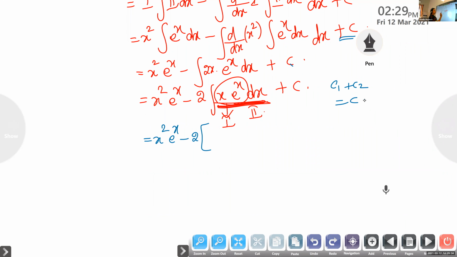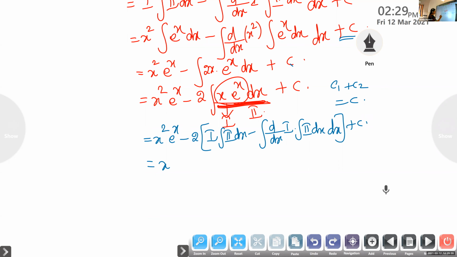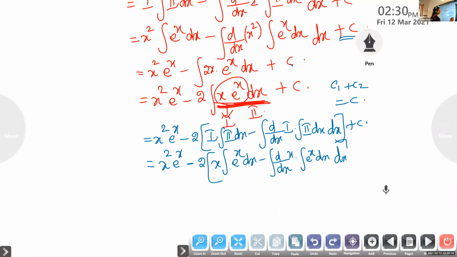Now again use this rule. First function, integral of second function, minus integral of derivative of first function, integral of second function into dx plus c. So it is x square e raised to x minus 2 into, what is the first function? x. Integral of second function minus integral of derivative of x into integral of second function into dx plus c.